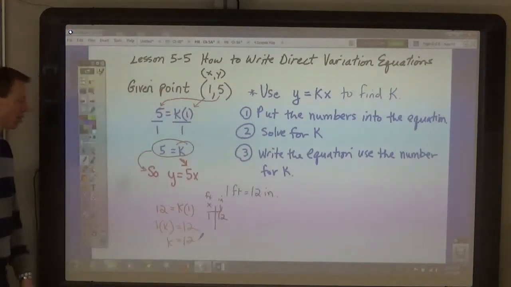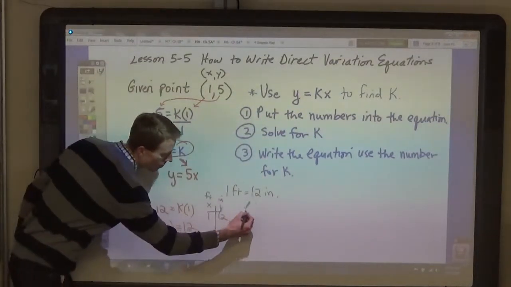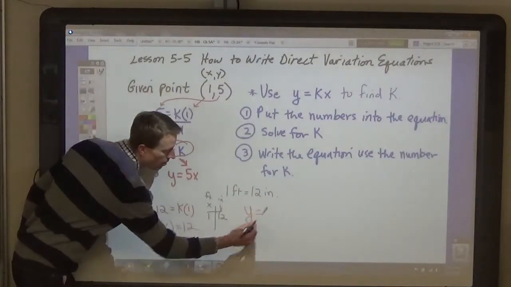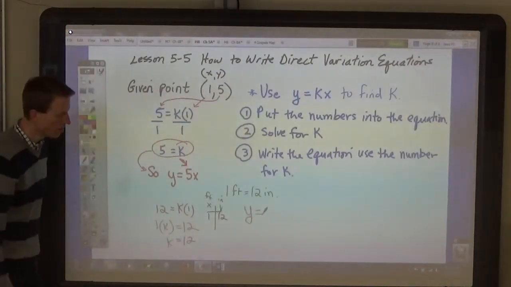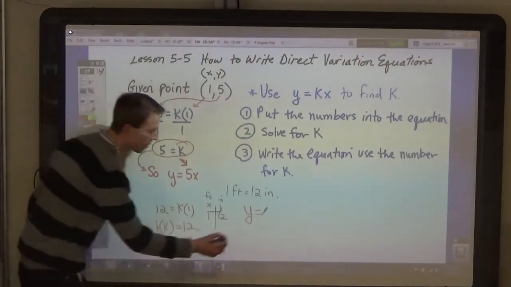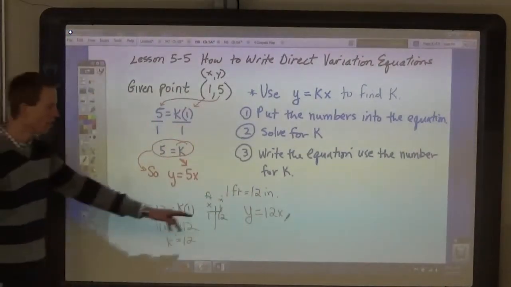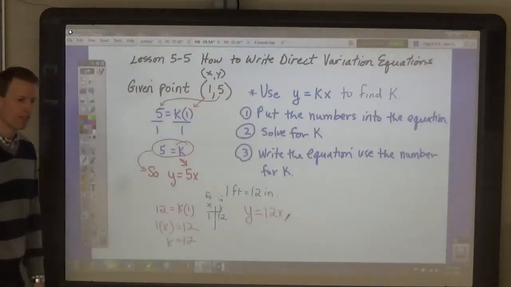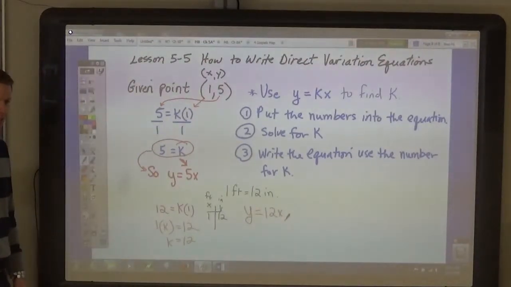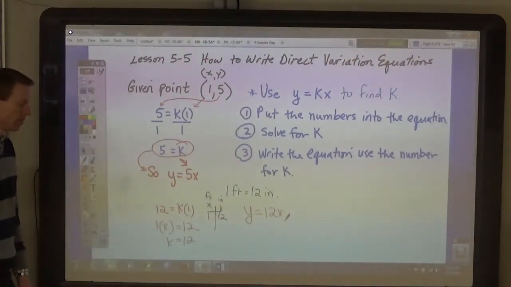Now how would you write that into an equation? y equals 12x. Very good. So that is our equation for direct variation, y equals k times x.